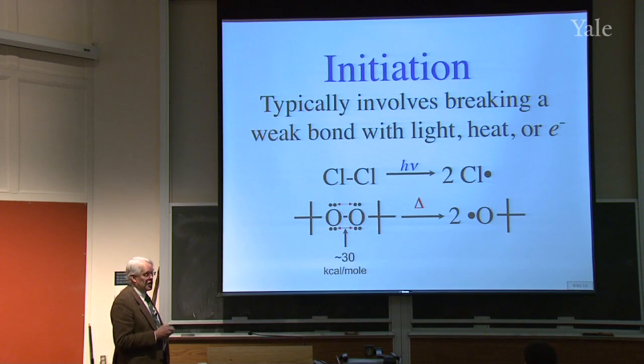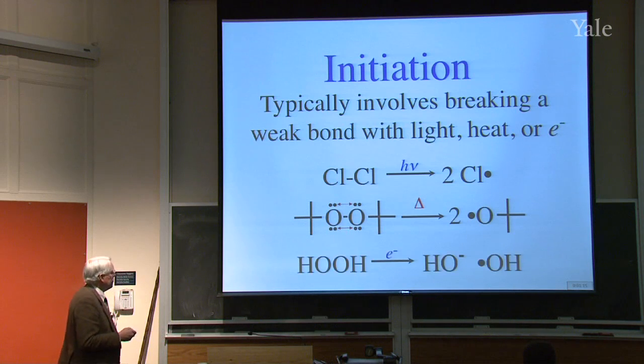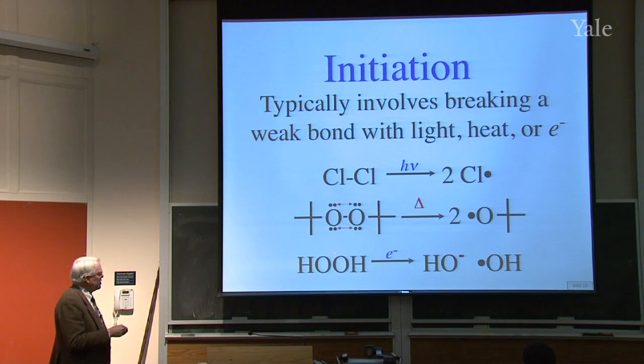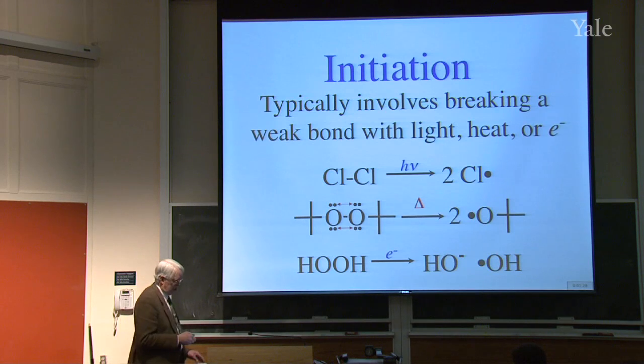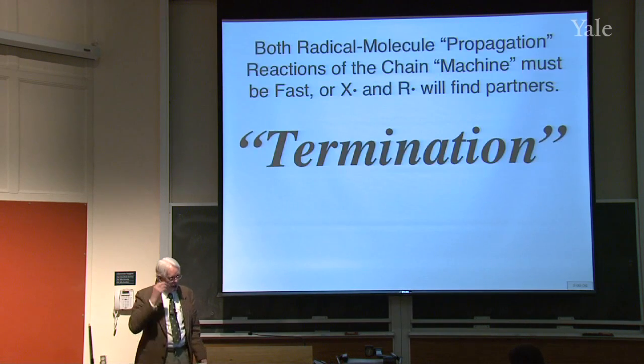We'll talk about that in just a minute as well. Or you can put an electron into sigma star by a reduction reaction and get OH minus, but also the free radical OH, which can do a hydrogen abstraction and start the chain.